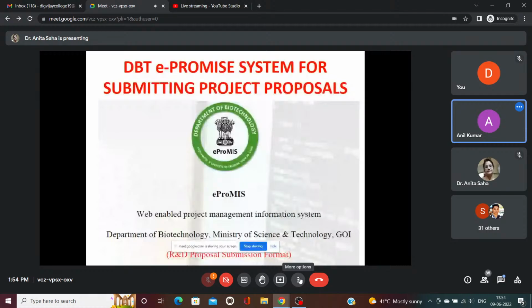I would like to suggest to all researchers, first go through this e-Promise proforma, register yourself on the e-Promise site, and thereafter go through all the points given in this proforma and prepare your proposal as per the need of this proforma, because this is not easy.